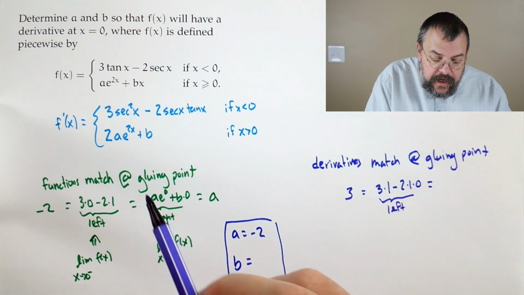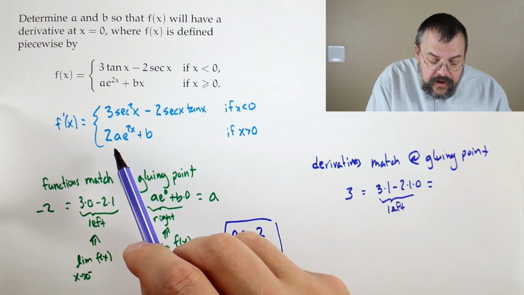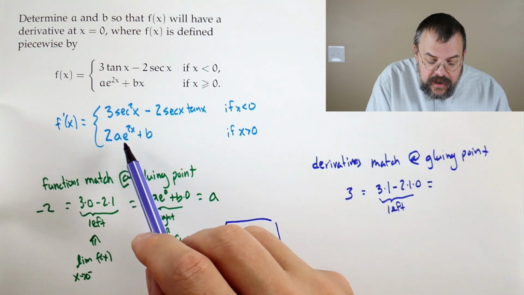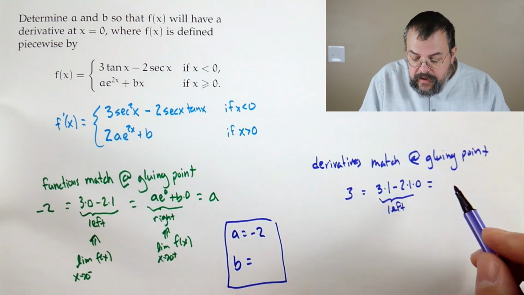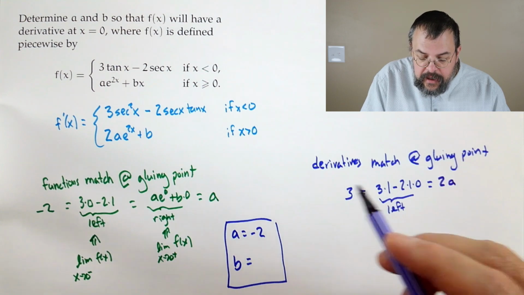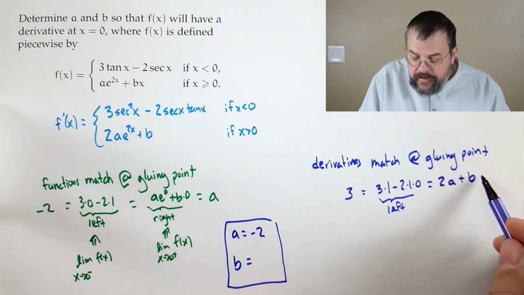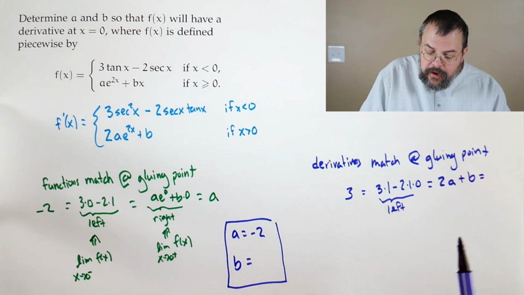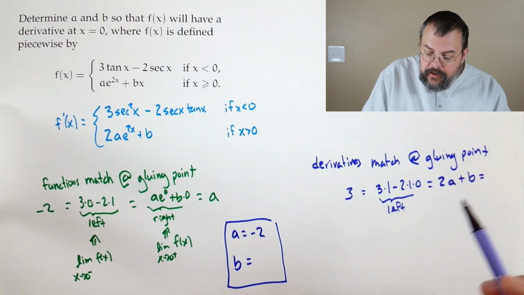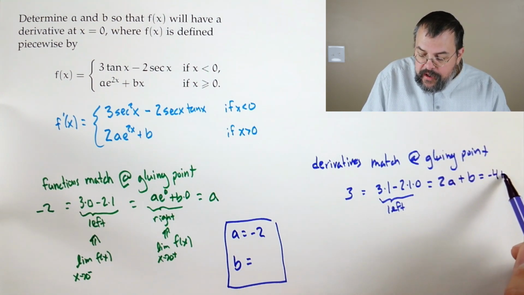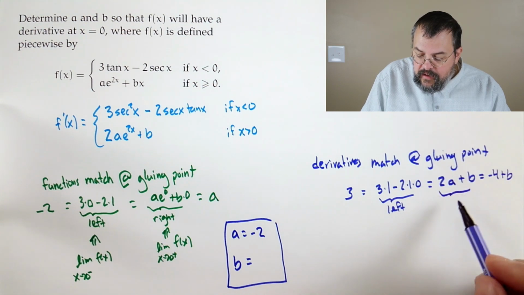Equals, on the right, well, plug in 0. 2 times a times e to the 0, which is 2a. So we get 2a and then plus b. And this is equal to, well, I know what a is. A is negative 2, so 2a is negative 4. So that's negative 4 plus b. This is the right.